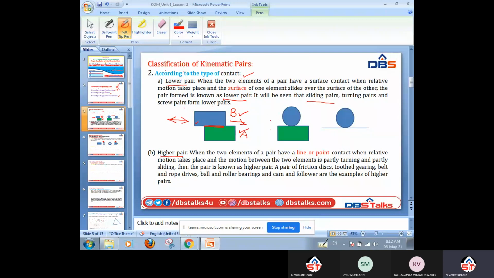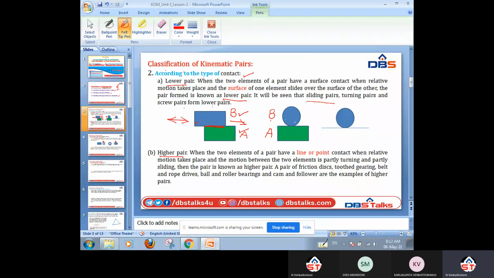Let us consider here also the element A and the other element. When the two elements are in contact, they will form a pair. But the contact between the pair is a point contact. Let us consider the surface A and the surface of a roller.